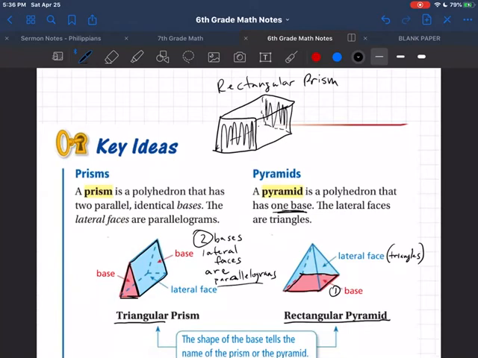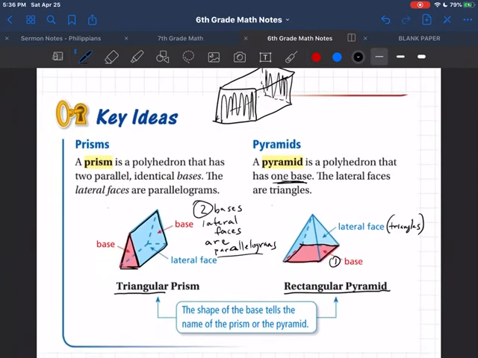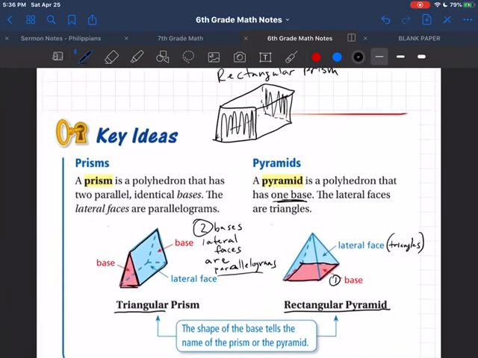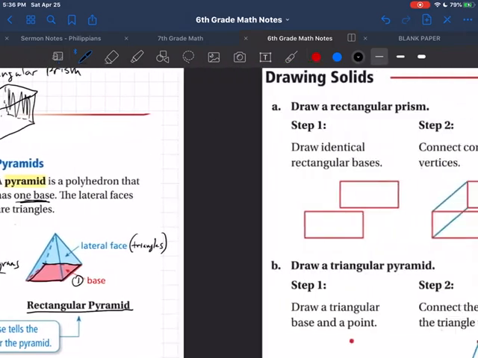Or if you think those are squares, that'd be a square prism. Or we can do an octagonal prism or a hexagonal prism. We can use any of those kind of polygon shapes to do that.